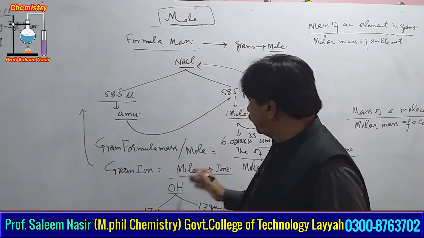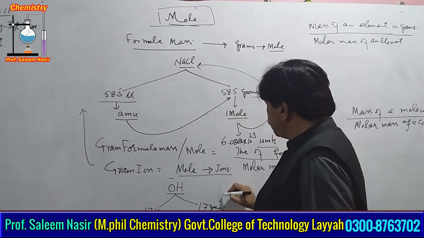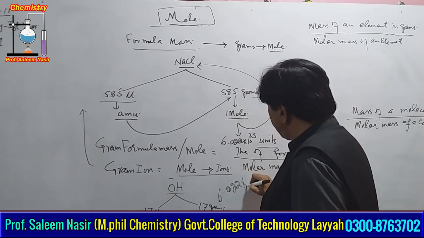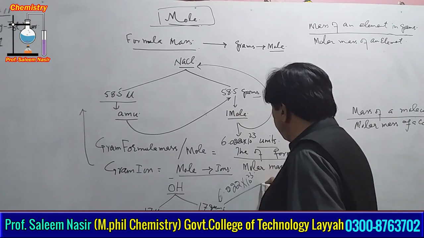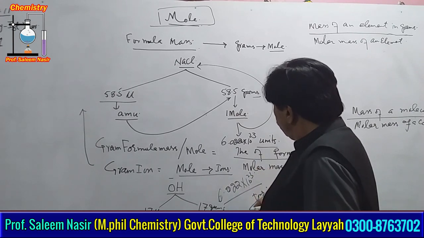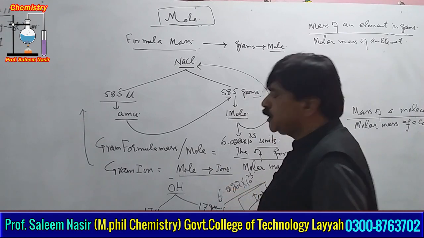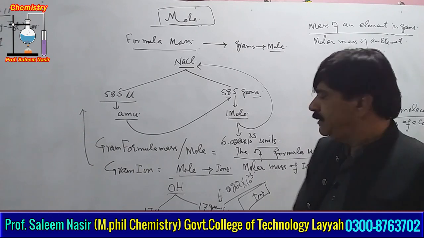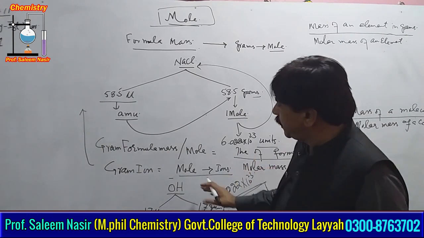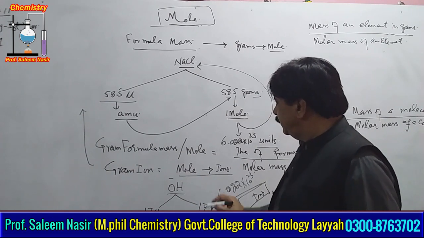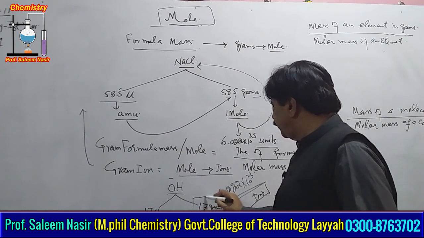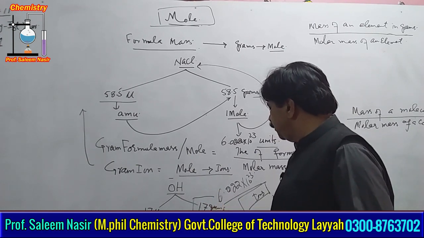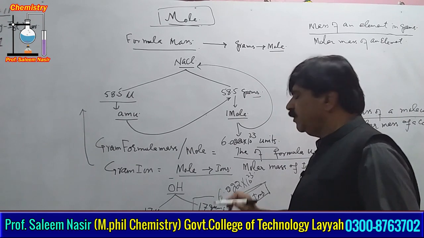And that mole for that ion contains 6.022 multiplied by 10 raised to power 23 ions. When 6.022 multiplied by 10 raised to power 23 hydroxyl ions are taken, then that will have the weight of 17 grams, and that 17 grams is equal to 1 mole.